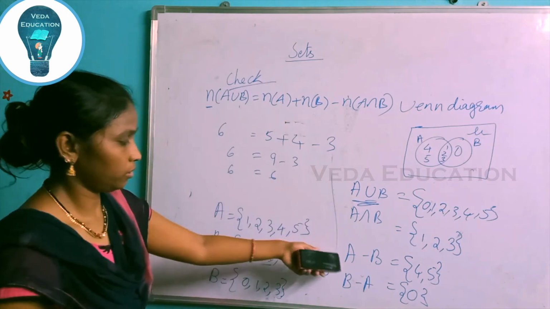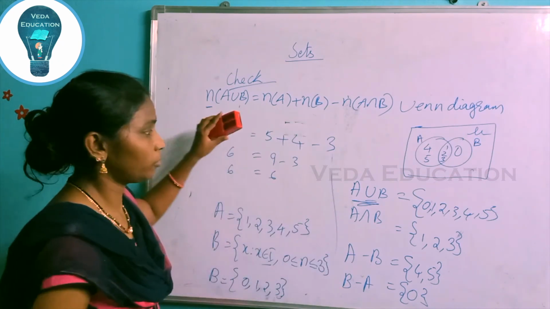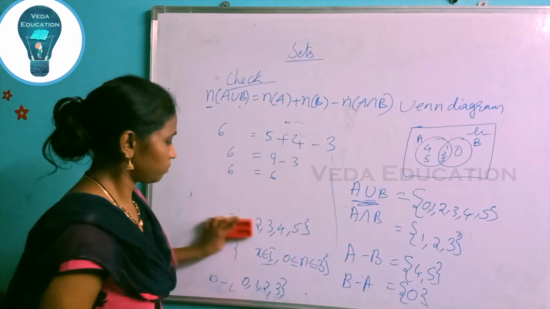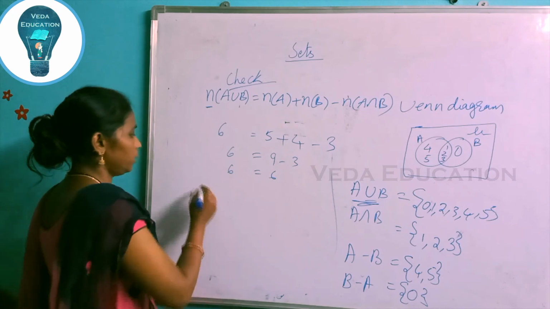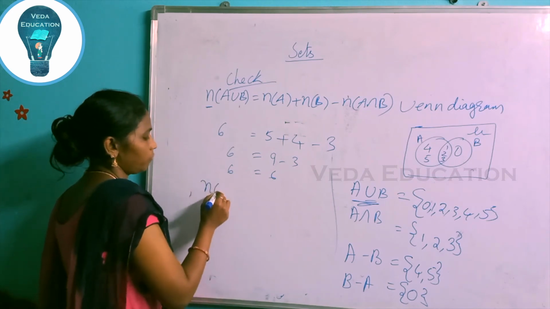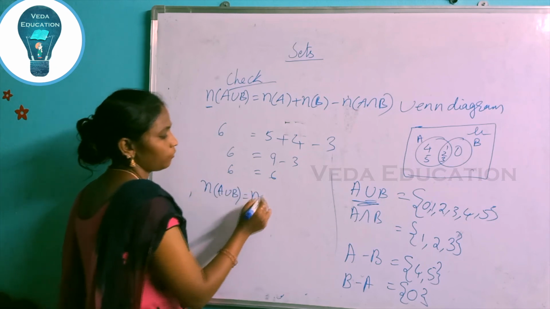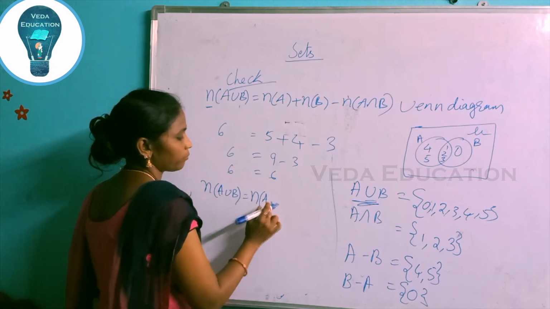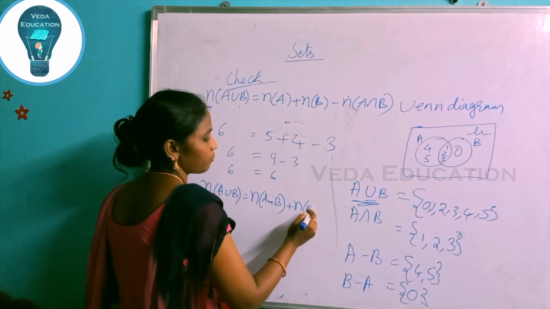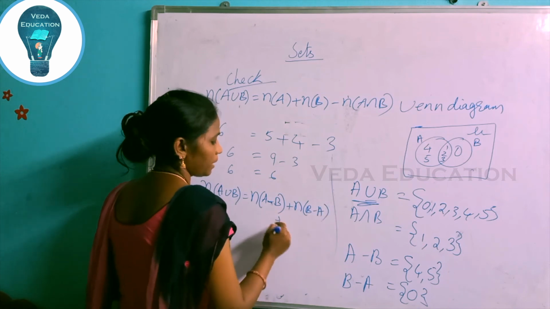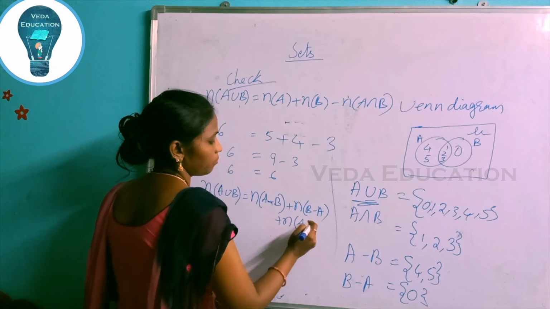Okay. Here we have union and intersection. By using A minus B also, we will have one more formula. To get N of A union B, it equals N of A minus B plus N of B minus A plus N of A intersection B. Why?